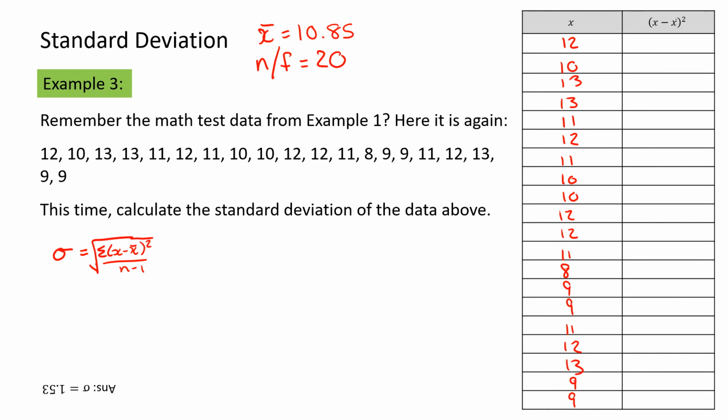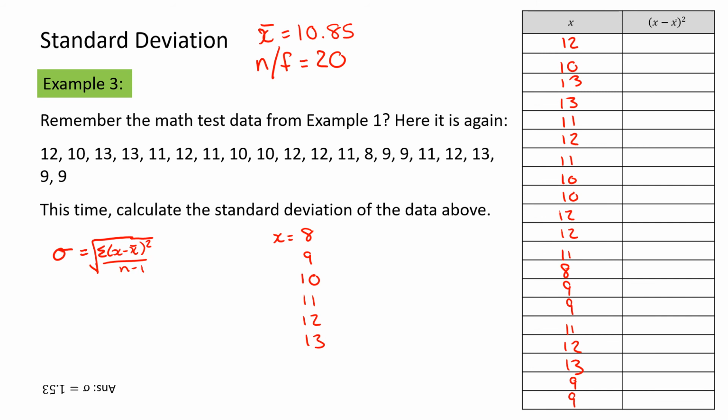Remember we have values from 8 to 13. Once we calculate it for one of these values of 12, we can put it in the table for every other value of 12. So we only have to calculate this for each individual number, which means we have to do it for x equals 8, 9, 10, 11, 12, and 13.